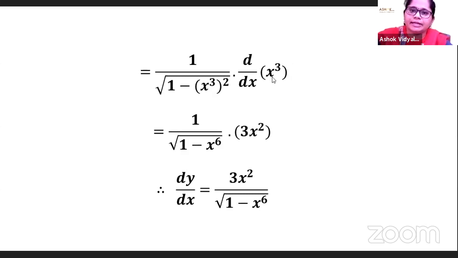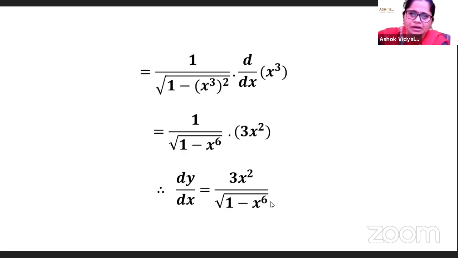Hence we take the derivative of x cube. The next step is 1 upon under root 1 minus x raised to 6 into the derivative of x cube, which is 3x square. Therefore, dy by dx is 3x square upon under root 1 minus x raised to 6.